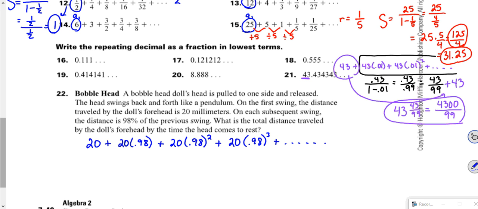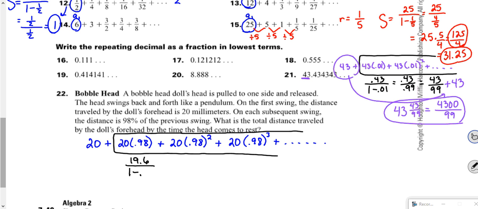Now, just like we did up above, we are first going to calculate this part. Then we're going to add the 20 onto it. So just doing this part, we get 20 times 0.98, which is 19.6, over 1 minus 0.98, which is 19.6 over 0.02, which is 980.